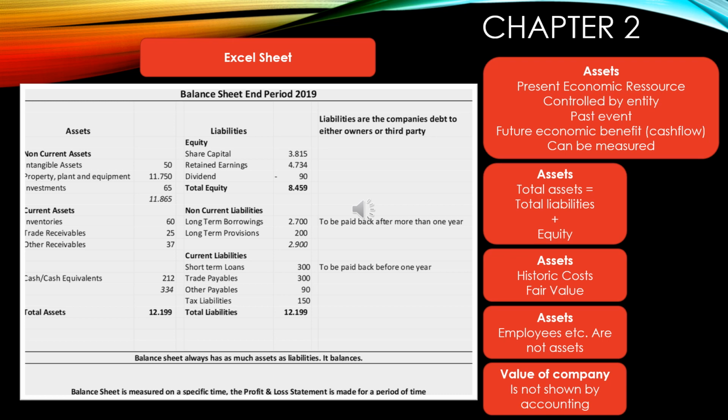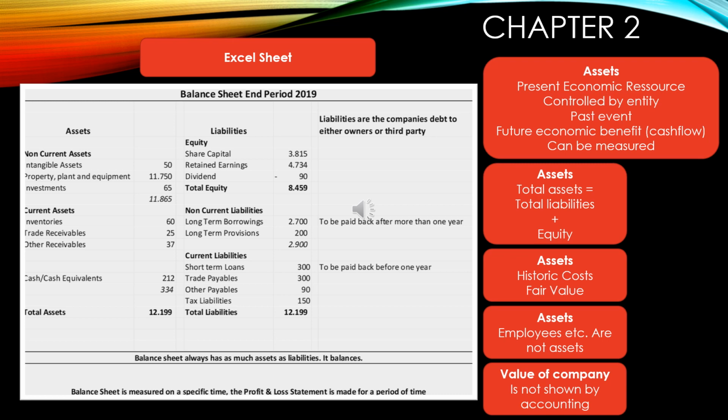So there are 7 crowns on top of the nominal value of the share capital. We will then add the retained earnings, meaning the profit that the company is generating throughout periods. And if the company is paying out dividend, we also need to note that here.